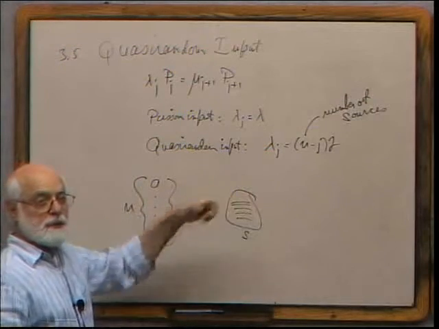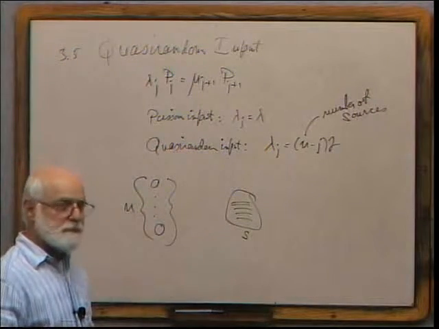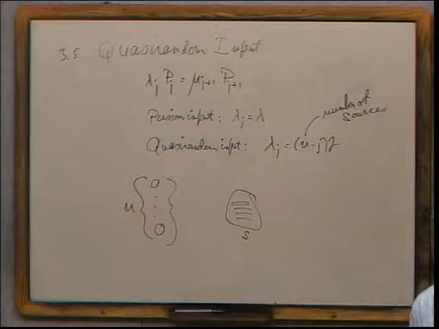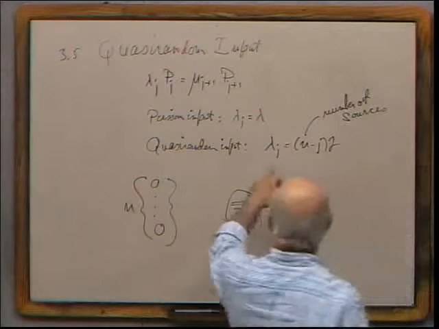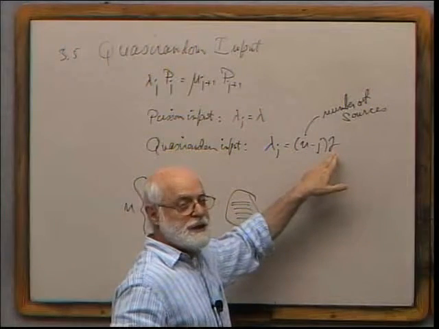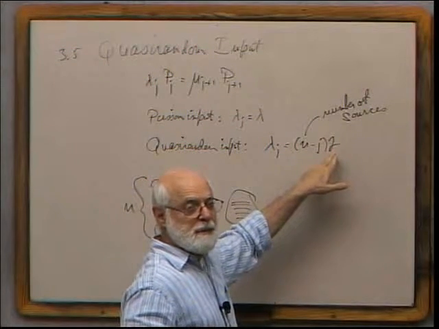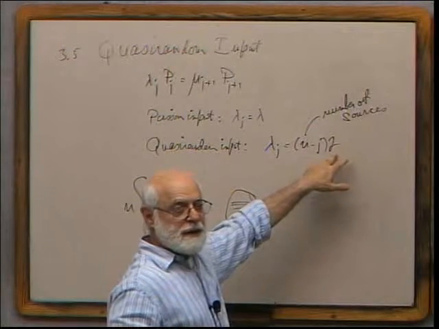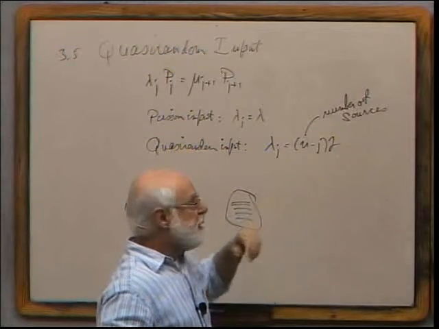Question? It says lambda j is equal to n minus j times gamma. This is a Greek g, gamma. And what I'm trying to model is the idea that there's a finite number of sources.